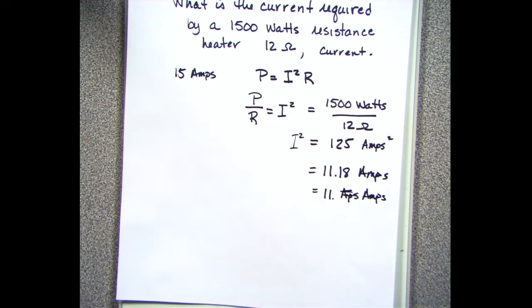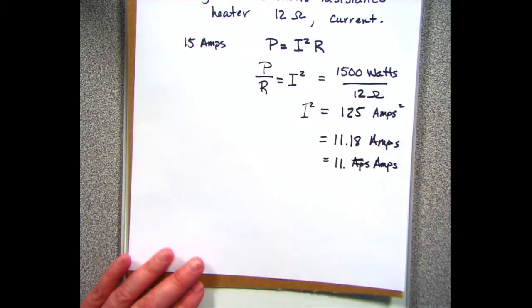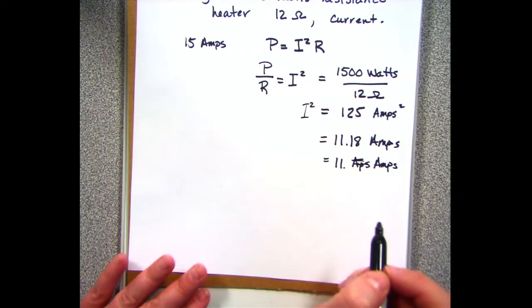So there's my amps. And now I'm plugging in a hairdryer. Common hair dryers are 1,000 watts with a 12 ohm resistor in there.